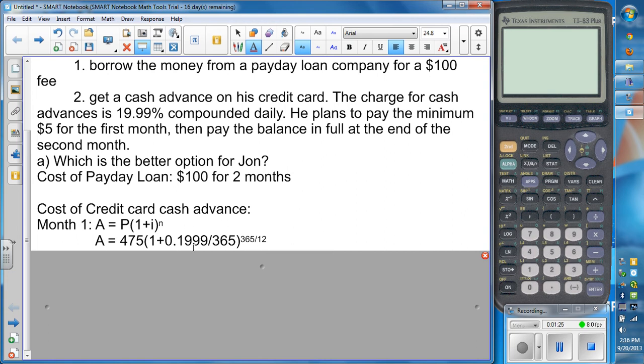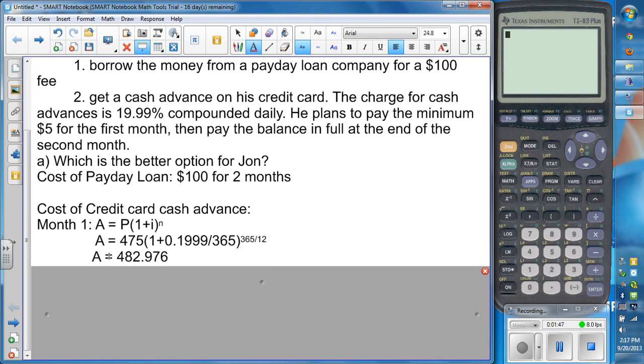It's going to have to be daily because it's compounded daily. So we take our interest rate, write it as a decimal, 0.1999, divide that by 365 to get our daily interest rate, times the number of times it's going to be compounded. Well, it's 365 divided by 12 because it's the number of days in a year divided by 12 months to get the number of days in a month.